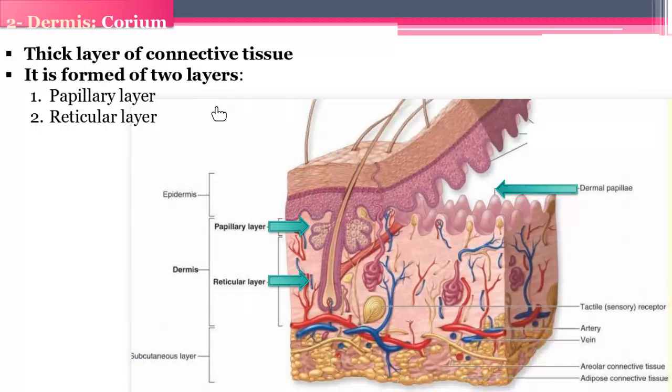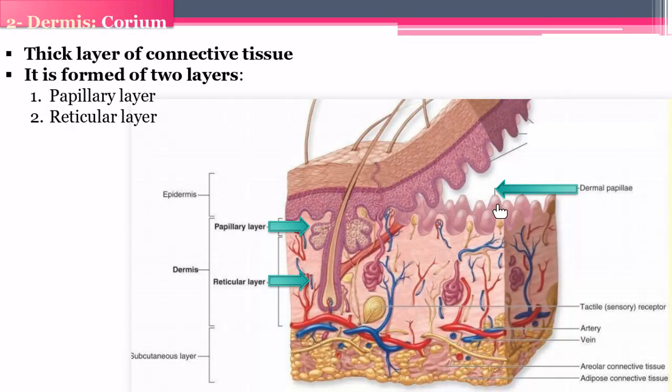That is the connective tissue part which is present below the basement membrane. Thick layer of connective tissue. It is formed of 2 layers, that is the papillary layer and the reticular layer. See here in the pictorial presentation, where I am showing you the pointer is the basement membrane. If you pull it upward, you can see the projections. These projections are called papillae.